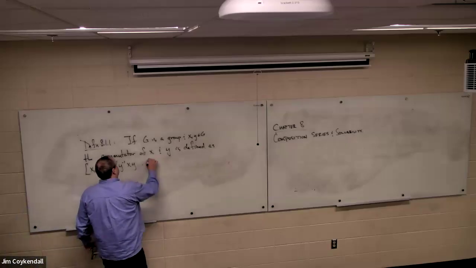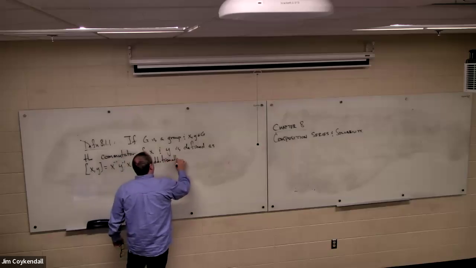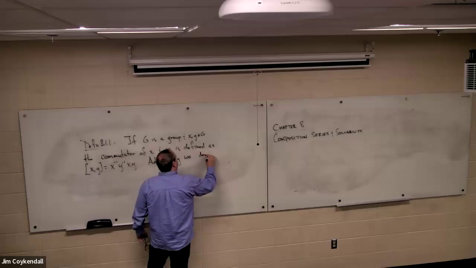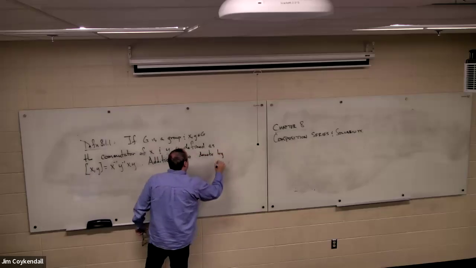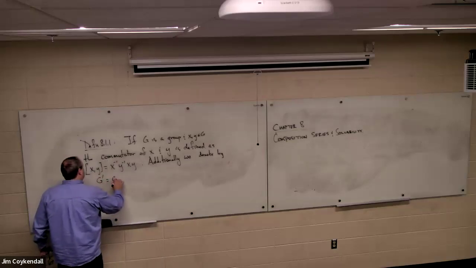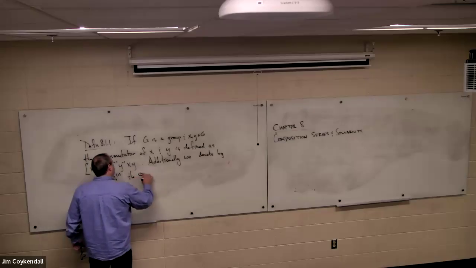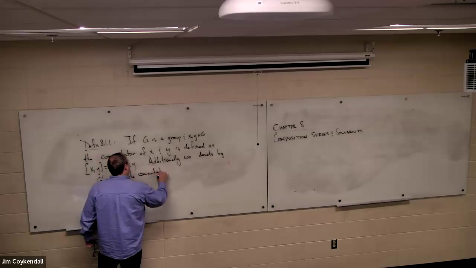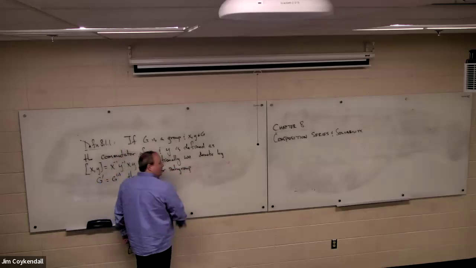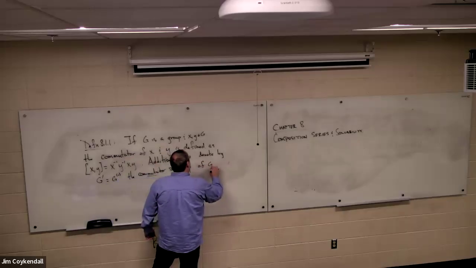Additionally, we denote by G prime or G1 the commutator subgroup of G.